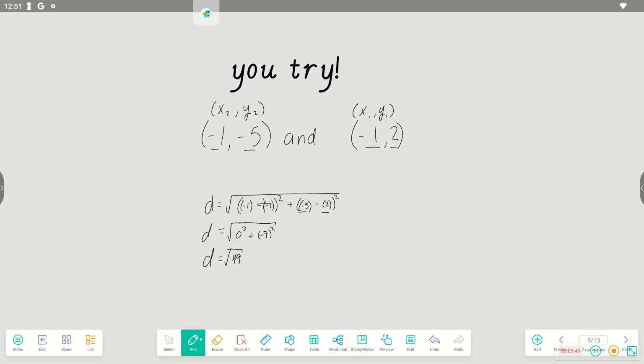If they said exact answer, we actually could still go further in this case. Just because it's a square root does not mean that's your exact answer, because we know the square root of 49. The square root of 49 is 7.